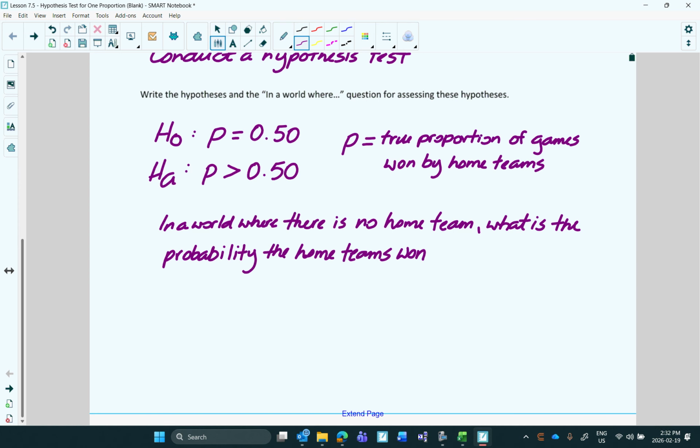So what's the probability the home teams won 49 out of 88, or that's approximately 55.7% of the games.